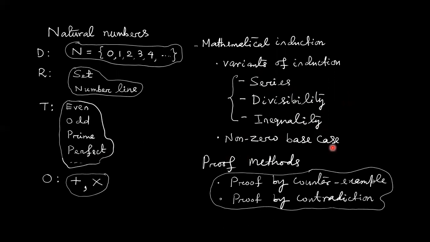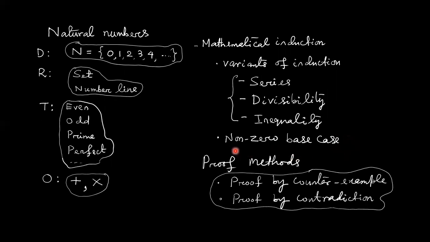Then we have non-zero base cases. In the problem we have a condition to prove the statement is true for n maybe greater than 2, or greater than 3, or greater than or equal to 5, something like this.